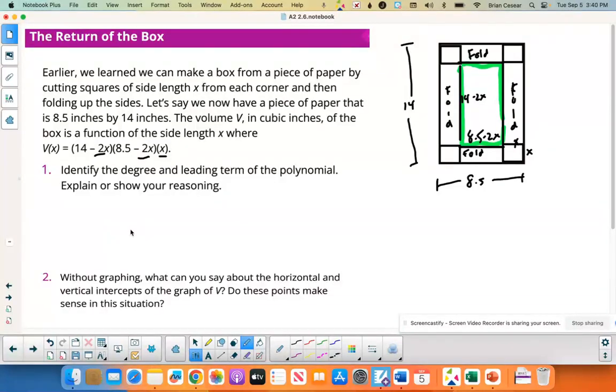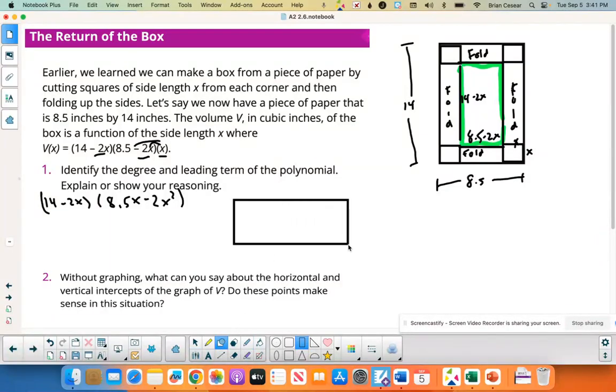So let's do this. Instead of doing the shortcut, I'm going to start out by just multiplying it out. So 14 minus 2x. What I'm going to do is take this x into here. So I'm going to make this 8.5x minus 2x squared. And then I'm going to multiply these, and I'm going to draw a box to do that again.